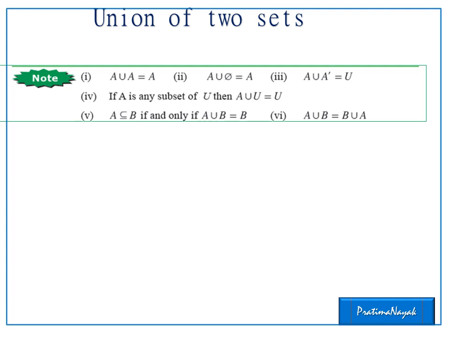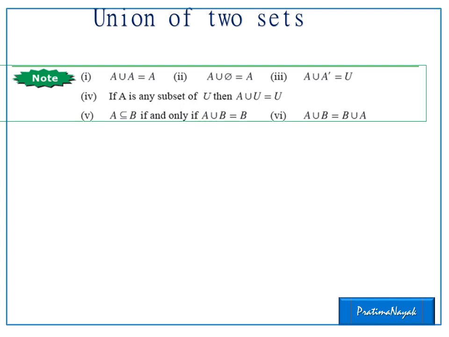So next we'll note some facts about the union. For any set A, A union A is A, the same set. Union of any set with null set is same set. A union phi is A. A union A complement is U, universal set. And if A is a subset of U, then A union U is universal set.